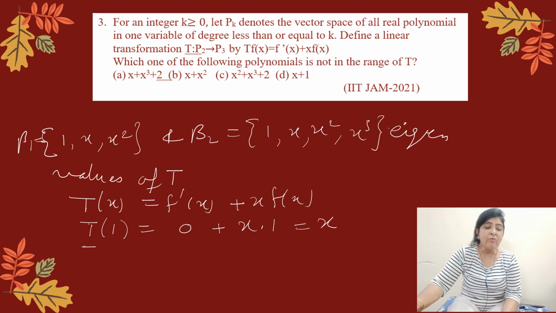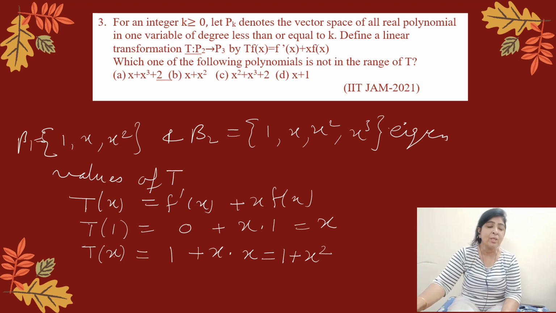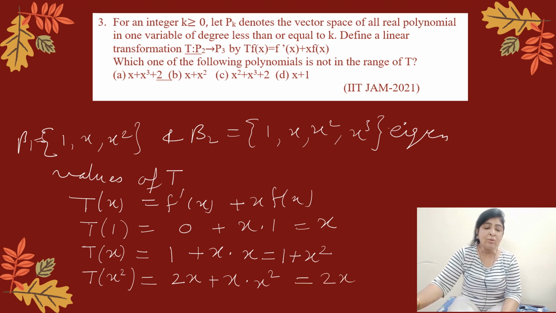Now again we find T of x. T of x means f(x) is x, so f dash x will be 1, plus x into f(x), which is x. So we are getting 1 plus x square. Then T of x square is f dash x, which is 2x, plus x into x square. So this is equal to 2x plus x cube.